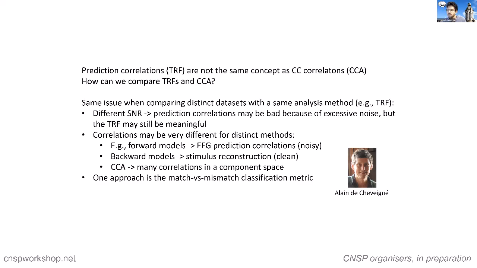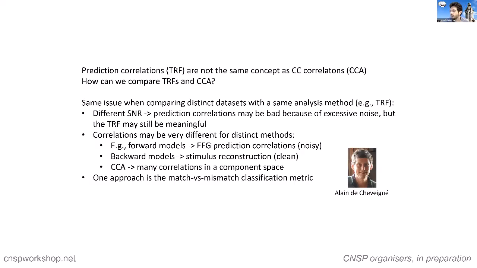But if you take 30 seconds, you usually have a better chance to get the correct classification than with 3 seconds. So the smaller the data, the more noisy, the less accurate your prediction will be. But the good thing is that you can do this kind of match versus mismatch classification on CCA, and on a TRF backward model.